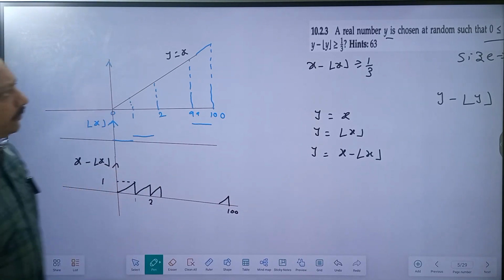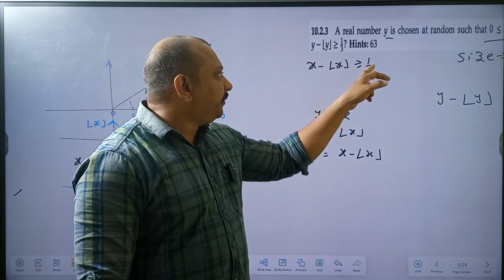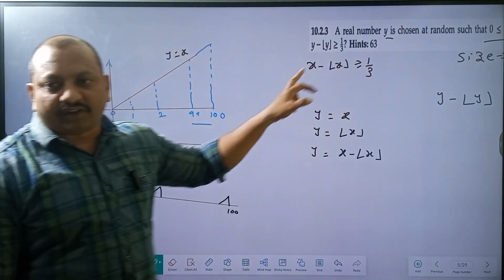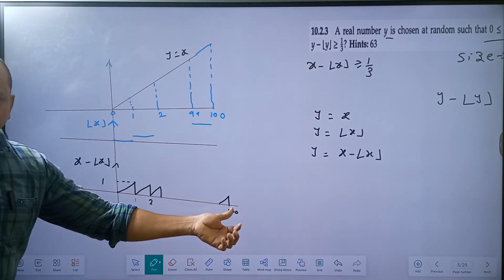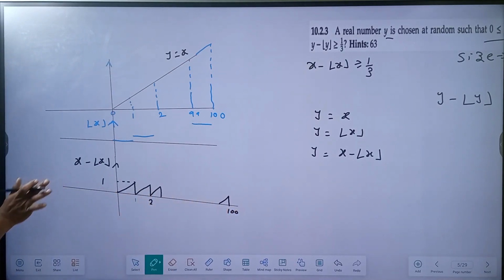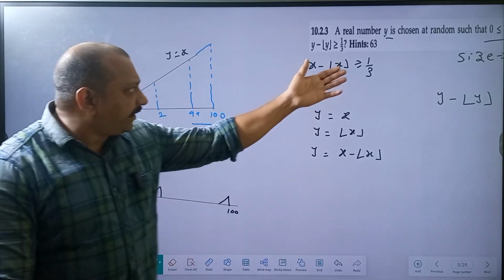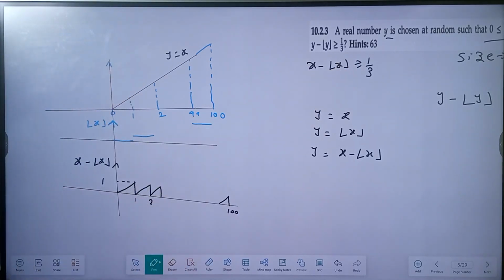Okay, what you need to find? X minus floor x must be greater than or equal to 1 by 3, they are asking. These are the values for x from 0 to 100. X minus step x is from 0 to 1. X minus step x is greater than or equal to 1 by 3 they are asking. So for x minus step x, నీకు ఉండేది ఓన్లీ 0 to 1 ఉంటుంది.